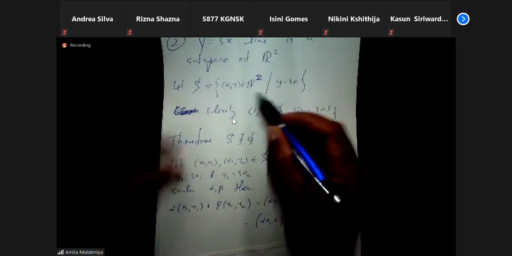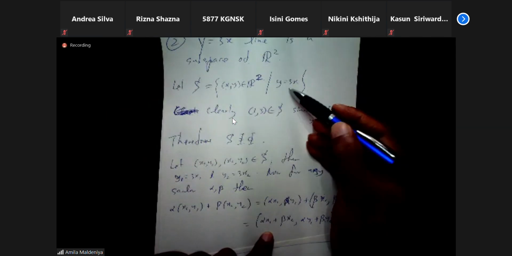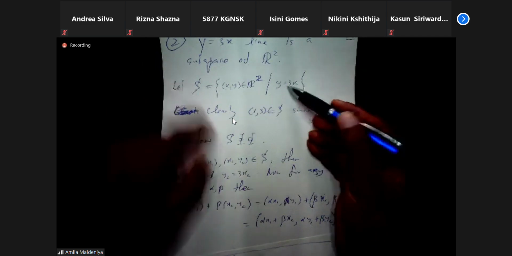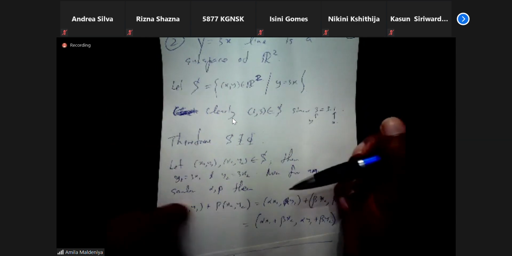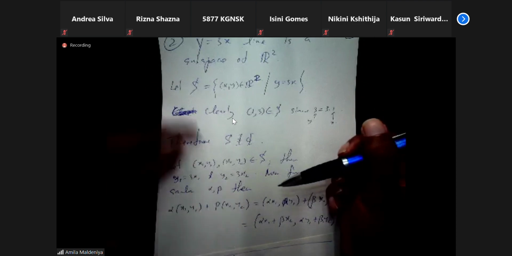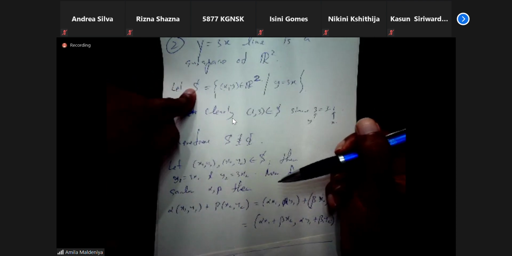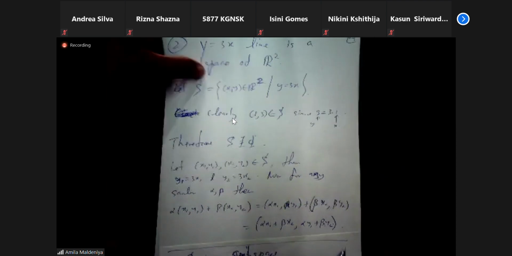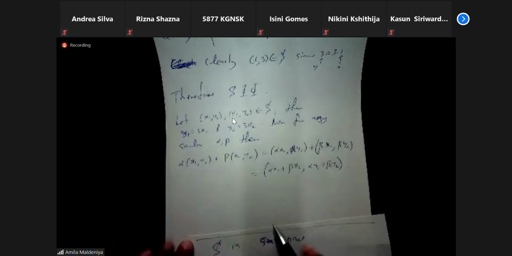If they do, then we can say this element is in S. So that's very simple. So now, the x coordinate and y coordinate.